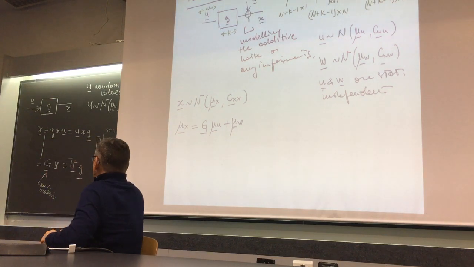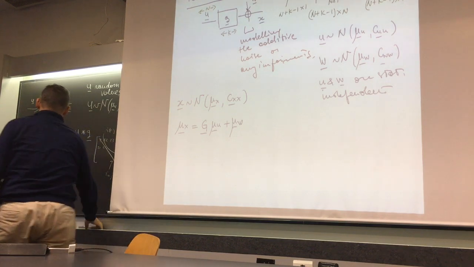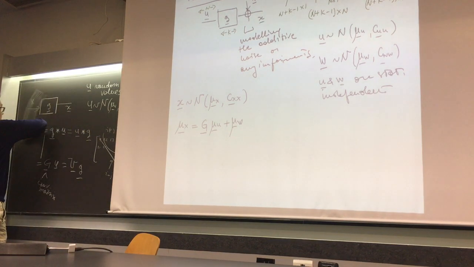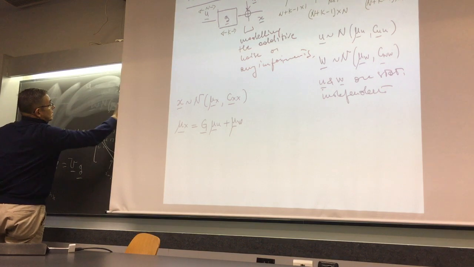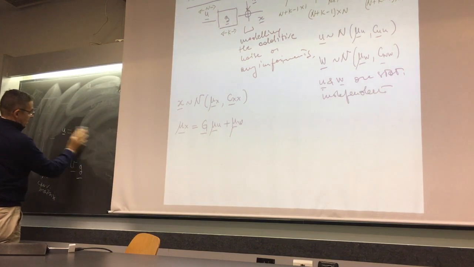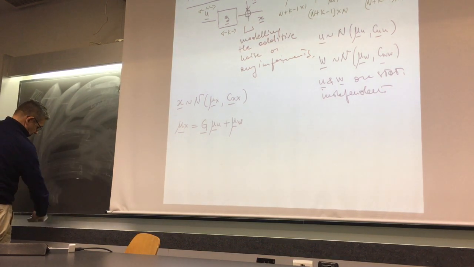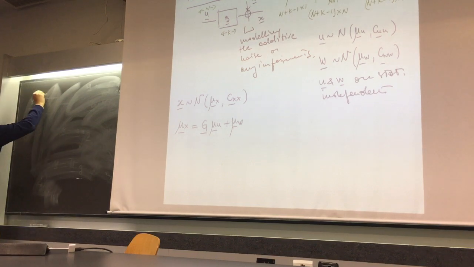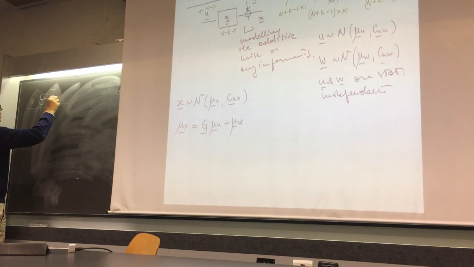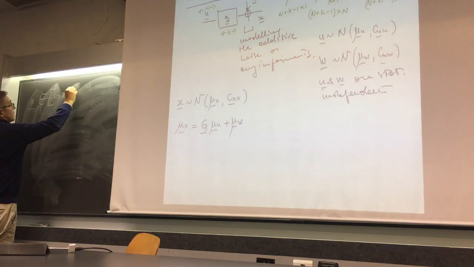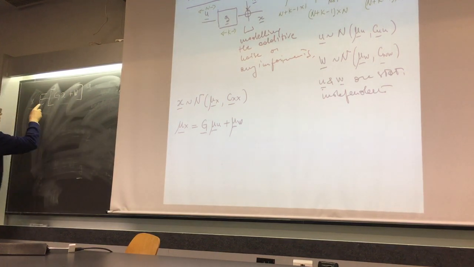If I make the expectation of the sum, that is the sum of the expectations. This is the simple property I'm using. So if I make the expectation of G U plus W, the expectation here is with respect to U and W.